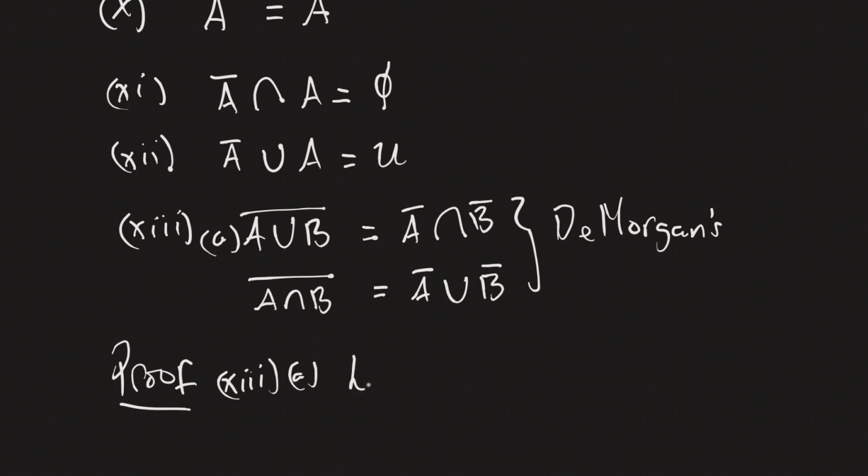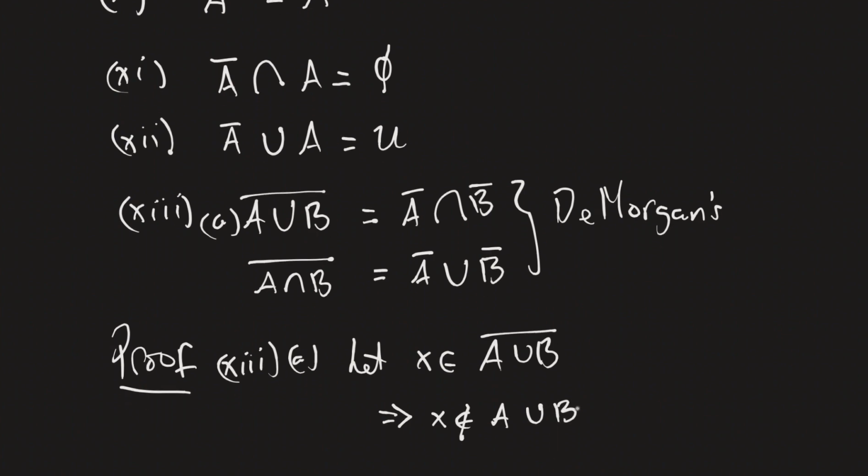So I'm going to say let X be an element in the complement of the union, right? Well, what does that mean? Well, if the element is in the complement, then it can't be in the original set. So this implies that X is not an element in A union B.